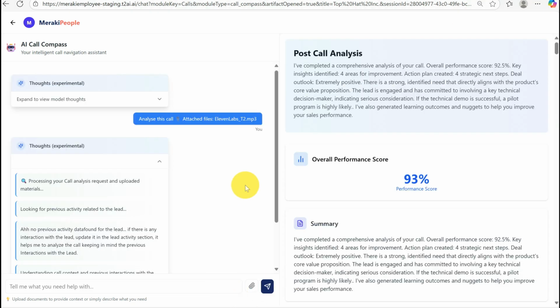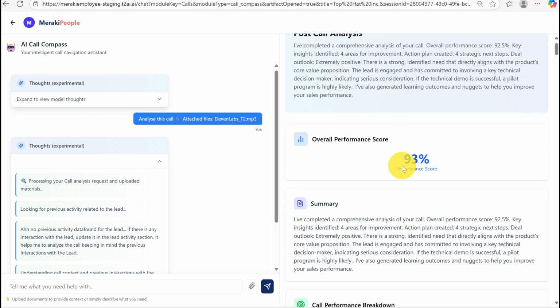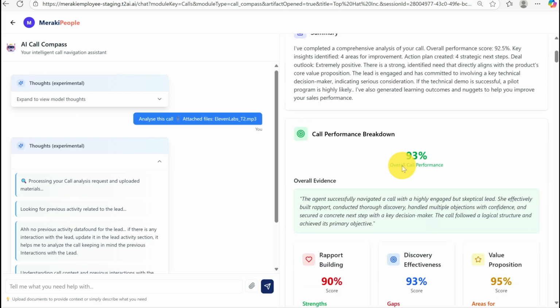We want to now show the post-call analysis which has been generated for the last call that we uploaded. So again, this was a good call, but I wanted to show the small nuances.